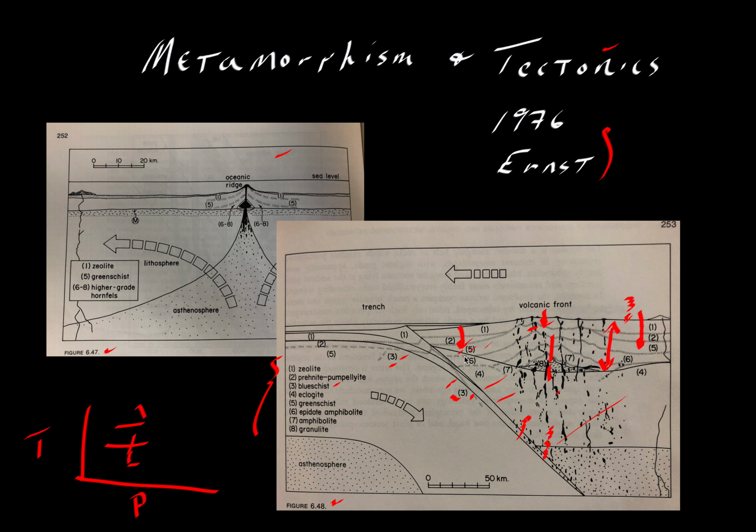So when we see these boundaries between greenschist and amphibolite and other facies rise upwards in this area of the volcanic front, we're really mapping isotherms. This is the isotherm that separates the boundary between 6, which is epidote amphibolite, and 5, which is greenschist facies metamorphism. Those thermal boundaries are perturbed upwards as we dump heat into shallower and shallower depths. We get hotter temperatures at shallower depths in the volcanic front, where a lot of magma is pumped into the crust.